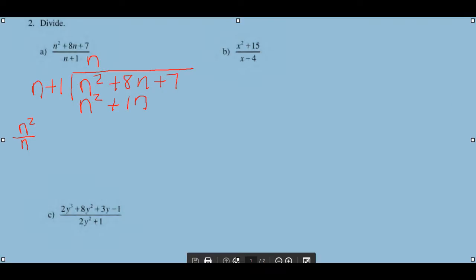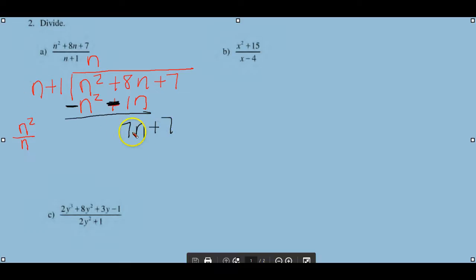So when we subtract, we have to change the signs. And now we add. So here, these cancel out. That's what you expect. It's a 0, and this becomes 7n. And now we bring down this 7, like so.